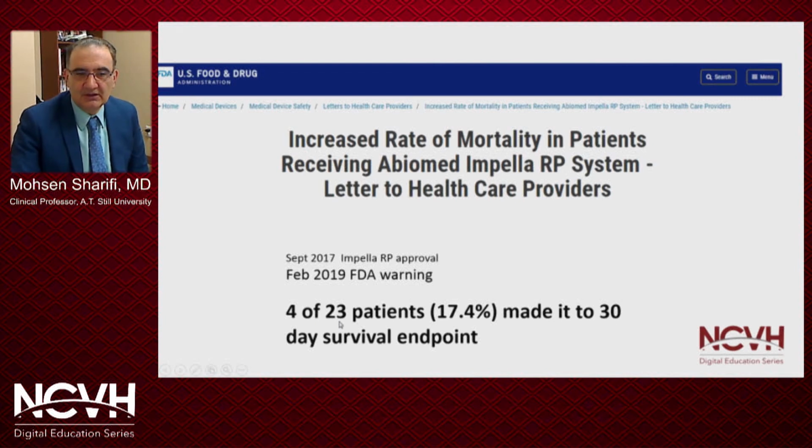The post-marketing data was different than the data before the approval went into effect. 4 of the 23 patients who were analyzed, just over 17% of them, made it to the 30-day survival endpoint. In other words, 83% of these patients were dead. And so really no benefit came from this device, and maybe some harm was imparted because of the reasons I just mentioned.